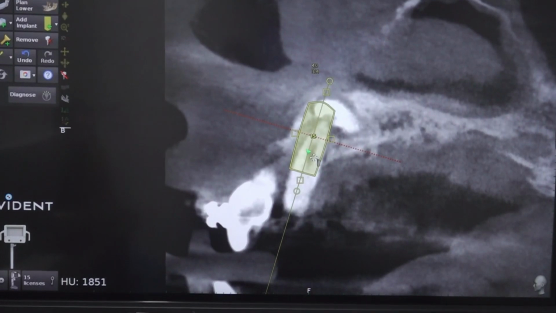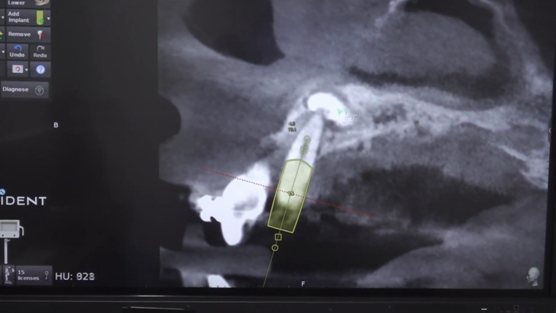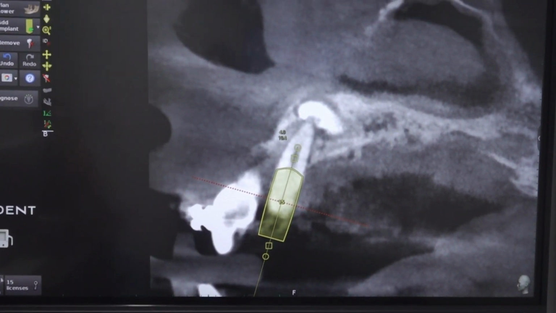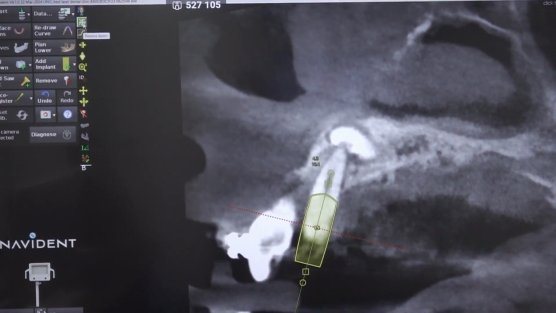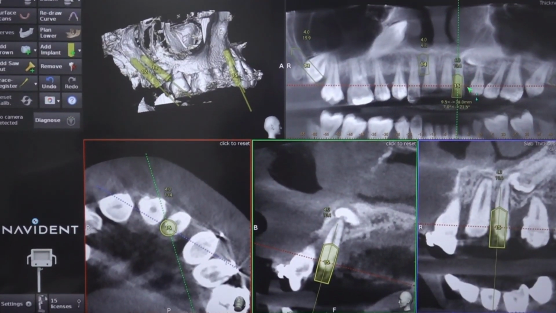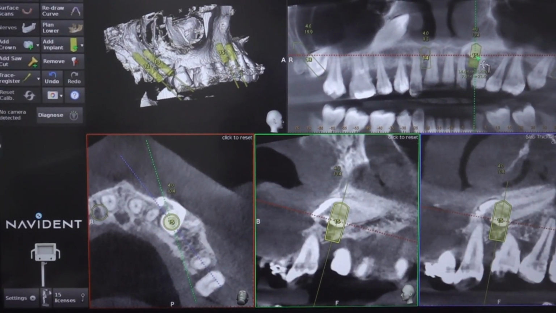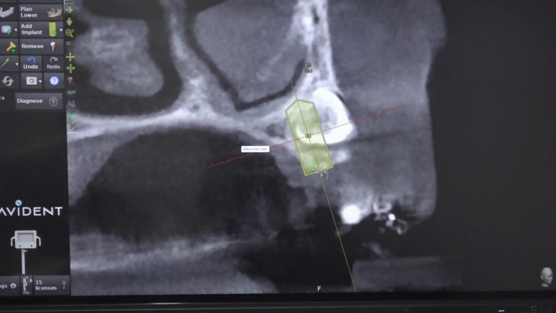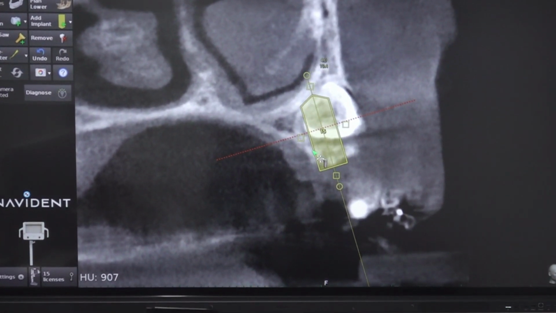You cannot place an implant in 2-2 itself because above 2-2 the impacted canine comes, which we are going to remove. So beyond 2-2 we are checking. Beyond 2-2, of course, the canine root is coming fully.